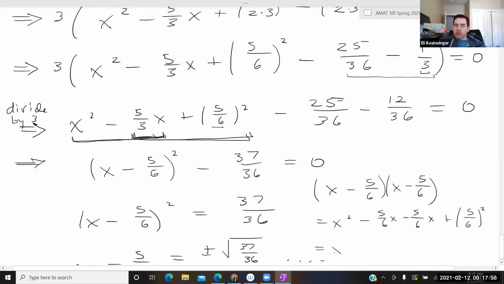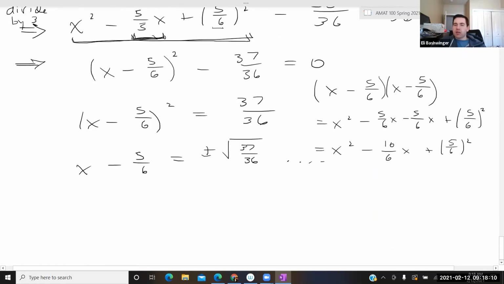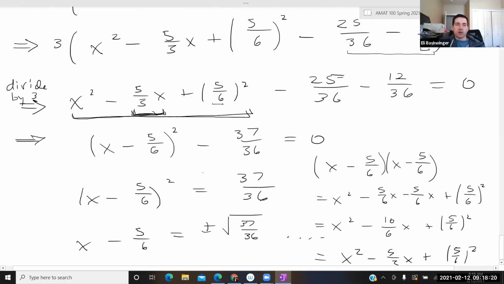And then we can combine these middle terms to get, what is it, 10 over 6x. And then 10 and 6 have a common factor of 2, so we can cancel those out to get 5 over 3x. And that gives us this underlined term right here.